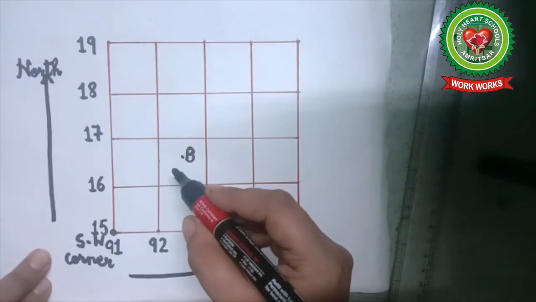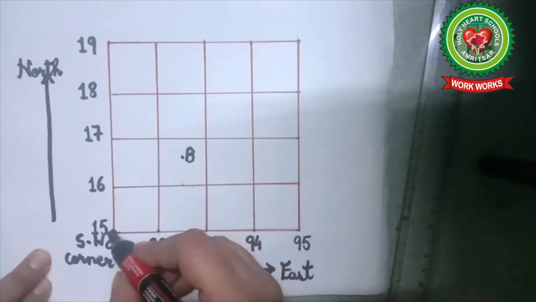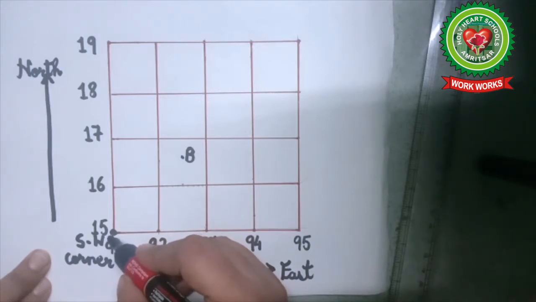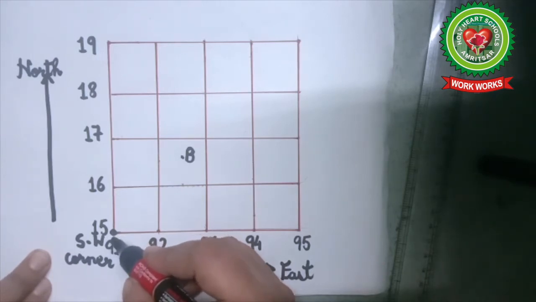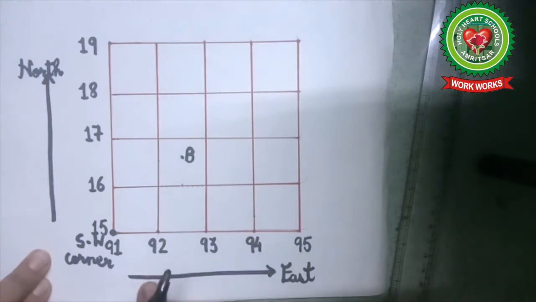That is, we will look for its origin, that is its southwest corner, as it is the starting point for reading the grid reference on the topographical maps. Next, we will look for the grid. Now, for this, we will quote its eastings first.